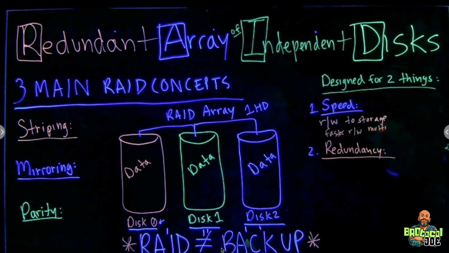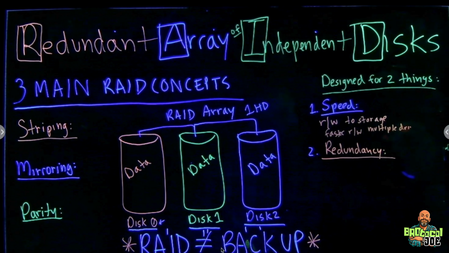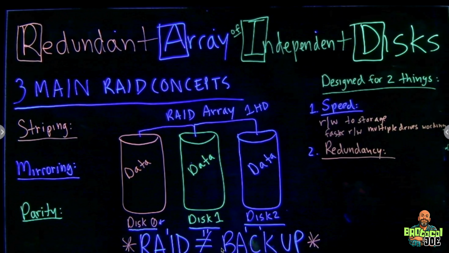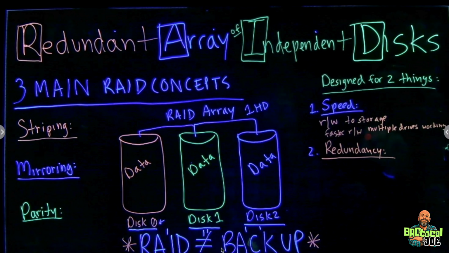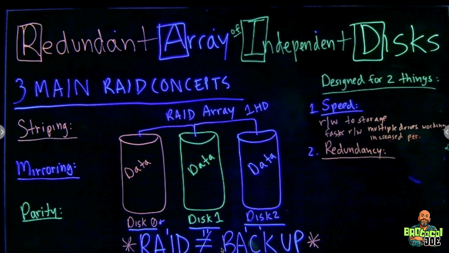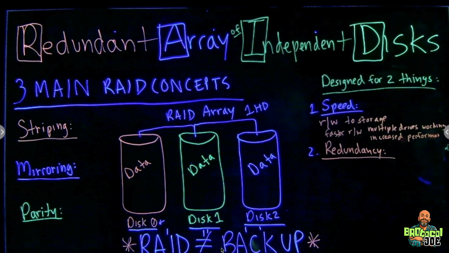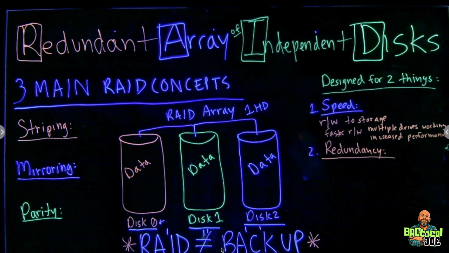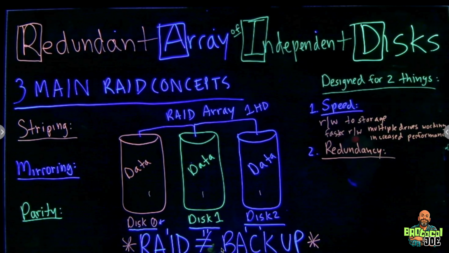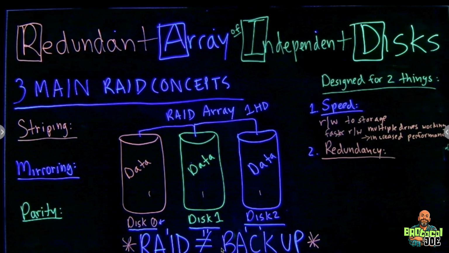You have multiple drives working at the same time, and with that you have increased speed and increased performance. So with speed, faster read-write, multiple drives like these three working together inherently increases performance.